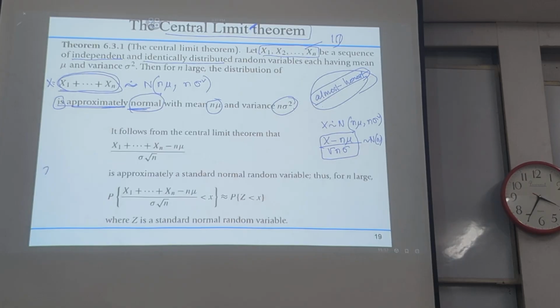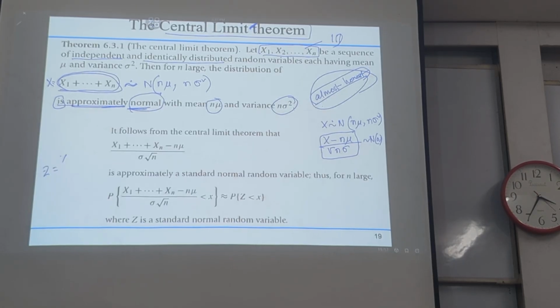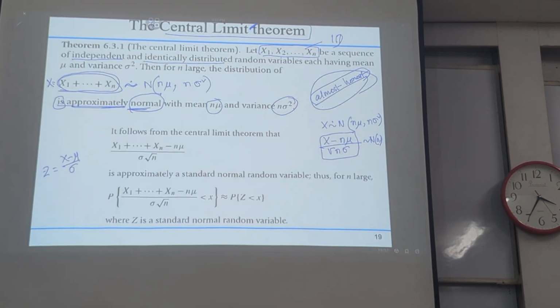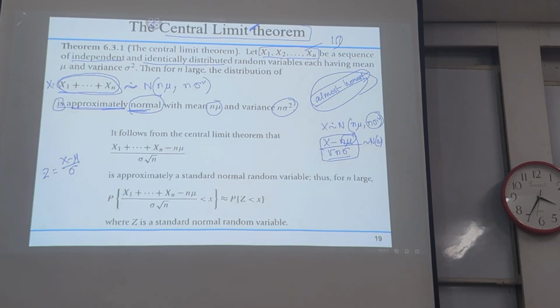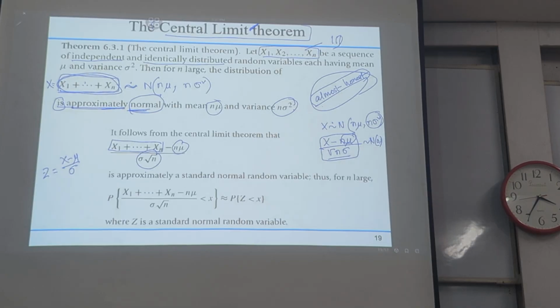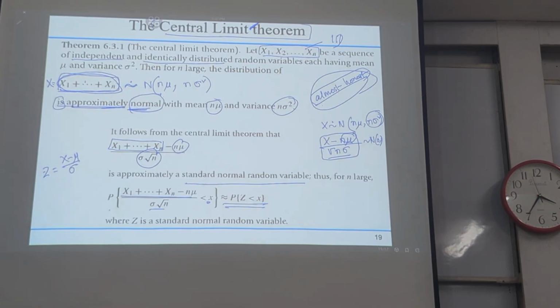Actually, we know z equals x minus mu divided by sigma. And here the mean is n mu, and the square root of the variance is square root n sigma. So, if we have a sum of iid random variables, then the sum subtracted by n mu divided by sigma square root of n will be a standard normal random variable, and therefore the probability that this is less than x will simply be z less than x, and we can use the table.